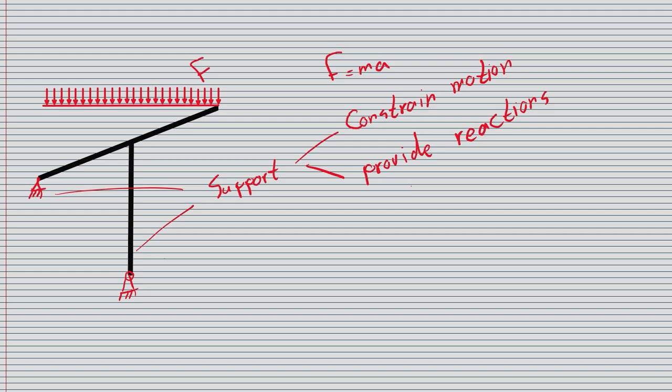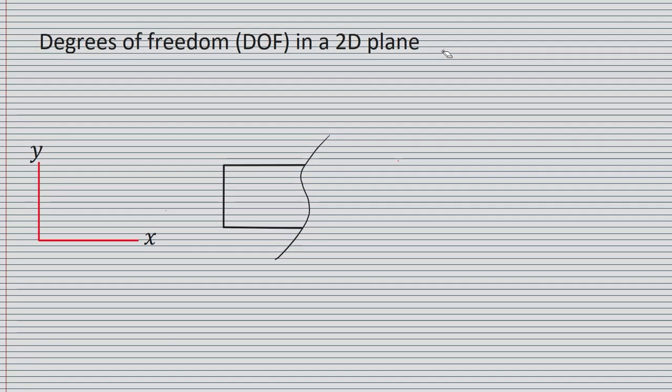And also, we can define it in another way. Any rigid body in a 2D plane possesses three degrees of freedom.